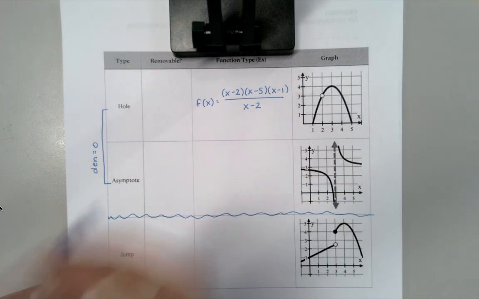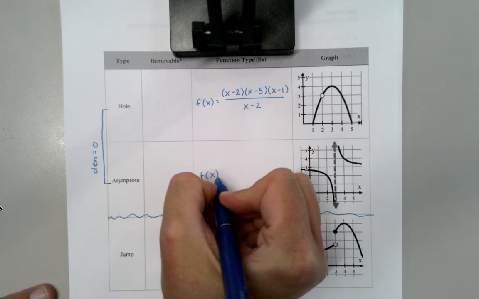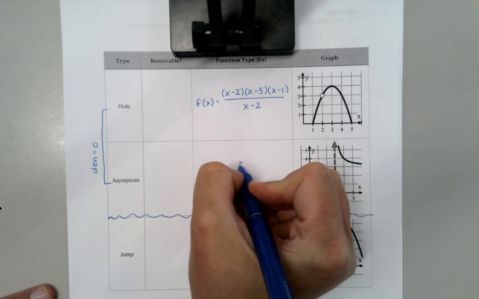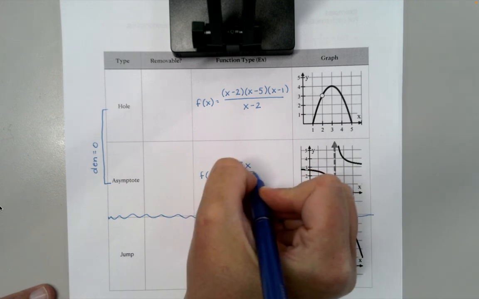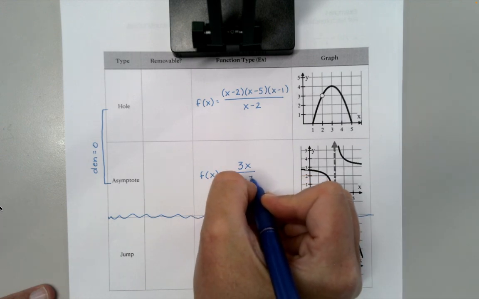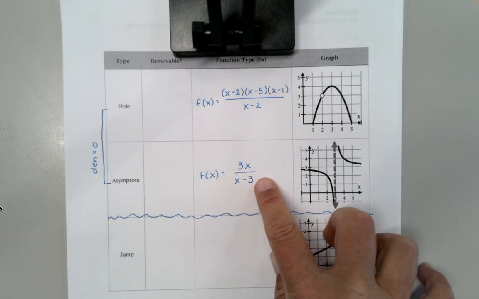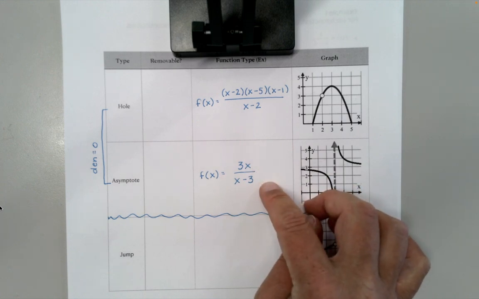This function might be something along the lines of f of x equals 3x over x minus 3, let's say. I don't know if that's exactly that graph, but it's awfully similar. This is also a rational function, where I've got a numerator and a denominator.